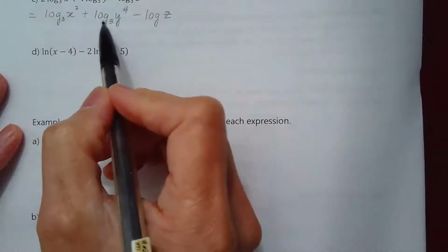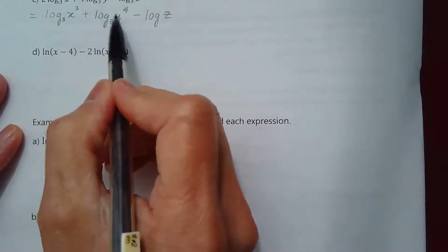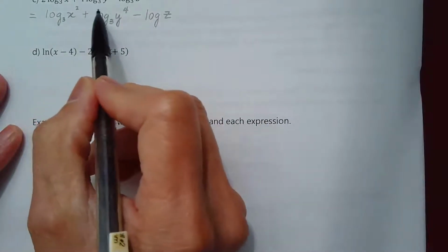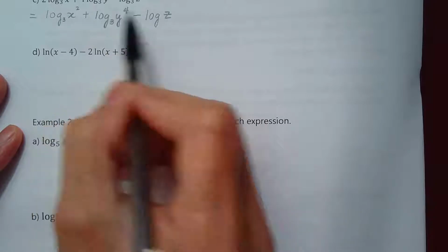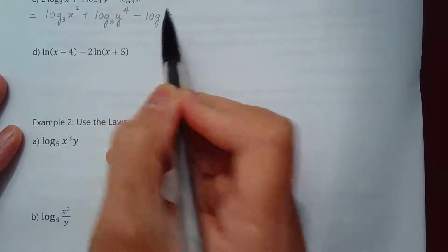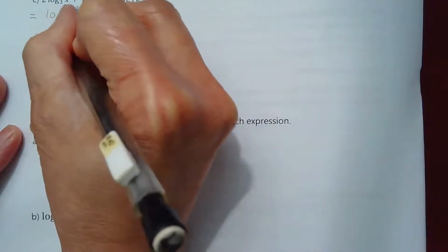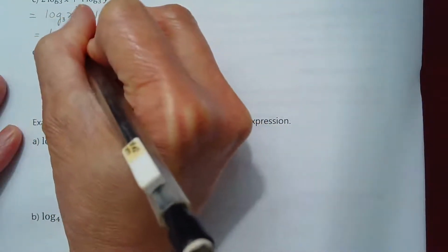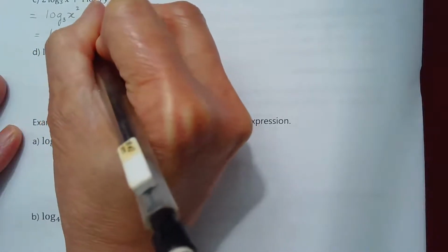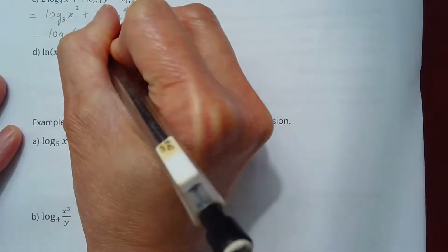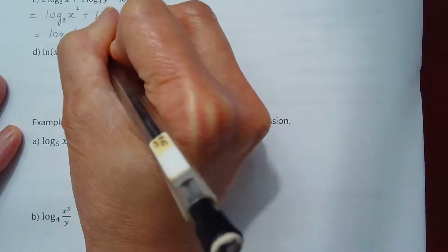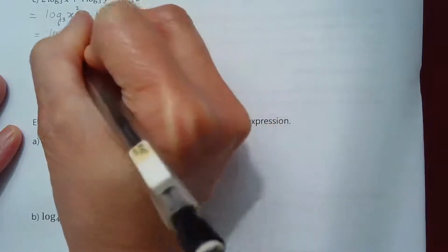So what's going to happen in here is that these two got added, and then this one is subtracted. So that means we can rewrite it as log of x squared times y to the fourth base 3.